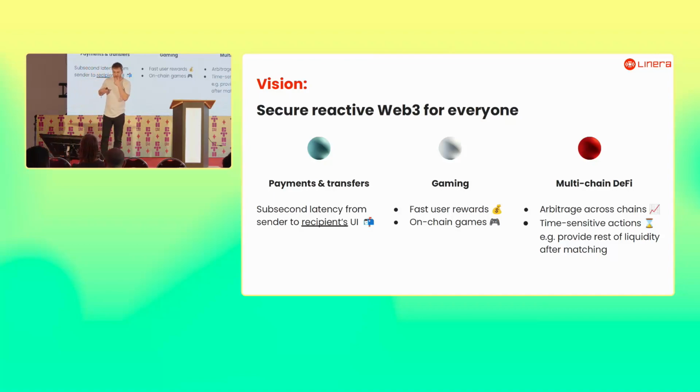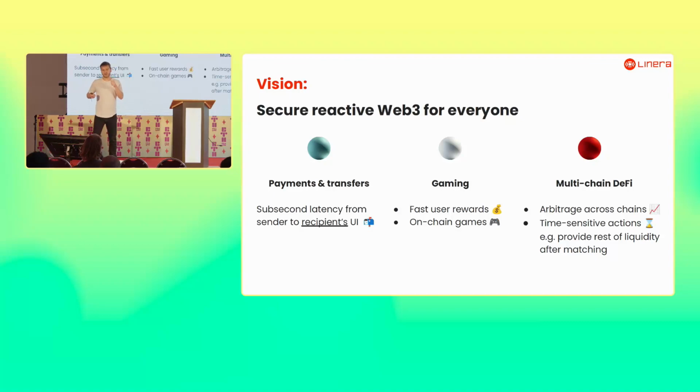Imagine a world where when you start a payment, not only does it get confirmed very quickly, below a second on the sender side, but the receiver also receives a notification in under a second that the money is there and the UI is refreshed immediately. Wouldn't that be nice, right?